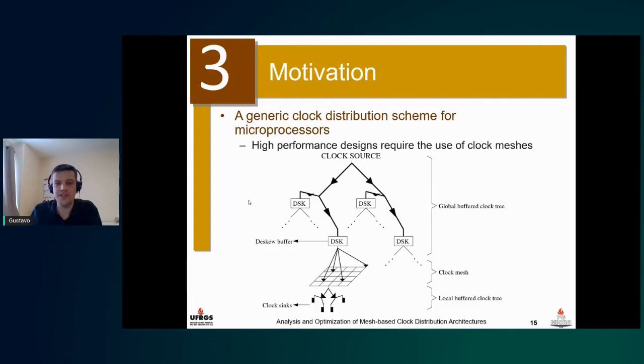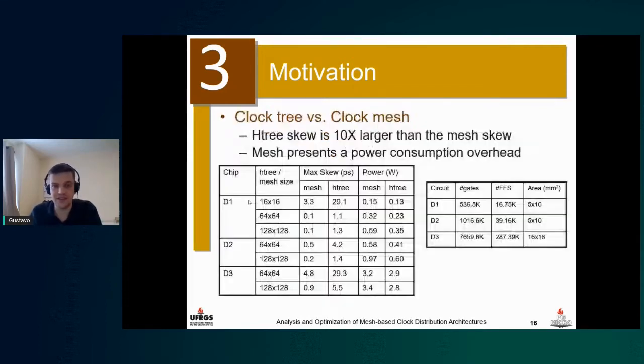We start with a global buffer clock tree that is delivering the clock to all the IPs where we have the regional clock distribution, and that would be where the clock mesh will probably live. Connected to the clock mesh, we have the last stage of the clock network, which is going to be a local clock tree that may be wire length matched, or simply minimum wire length routing, connecting the sinks to the clock mesh. Again, it depends on the designer's decisions.